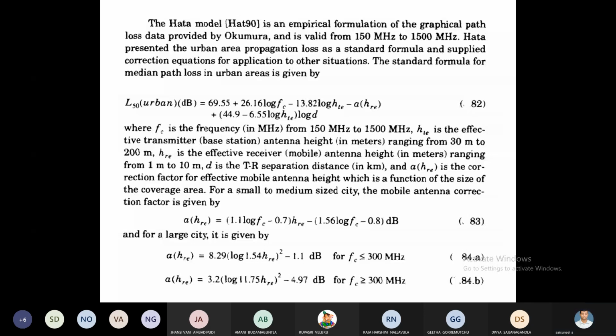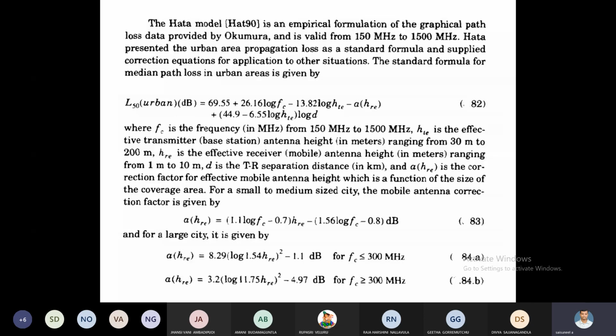Initially, I am sitting inside the home, it is maximum 1 meter from the ground. Now I am moving to the top of the building, it is 30 meters height. Then automatically the height of the receiver is high, right? We are moving from ground to second floor or third floor. Then automatically the signal comes. That is the correction factor AHRE.